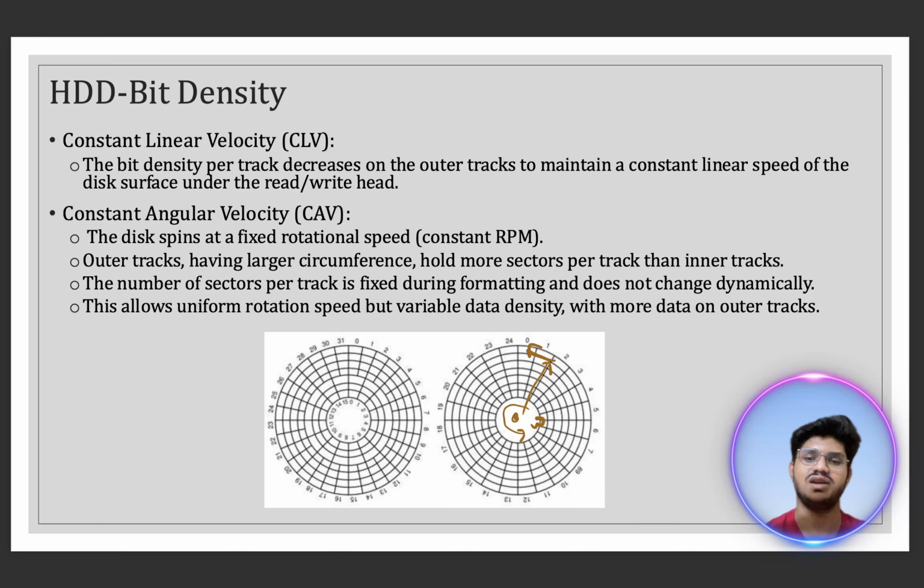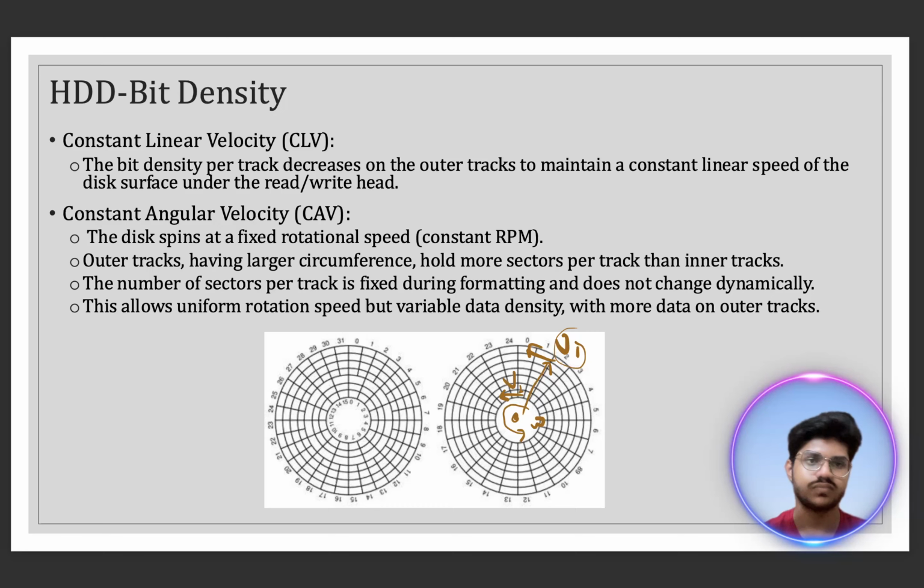Let's say this sector is moving with a velocity v1, and this inner sector is moving with a velocity v2. You can see that the sector towards the outside has a higher linear velocity, that is, v1 is greater than v2.